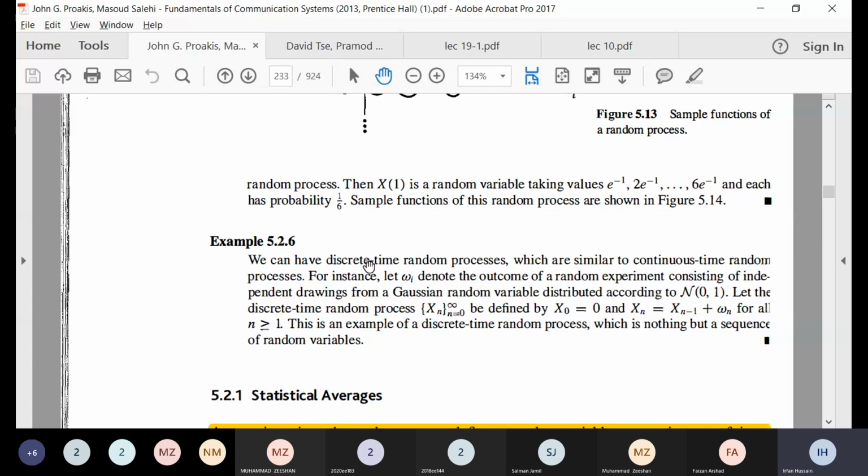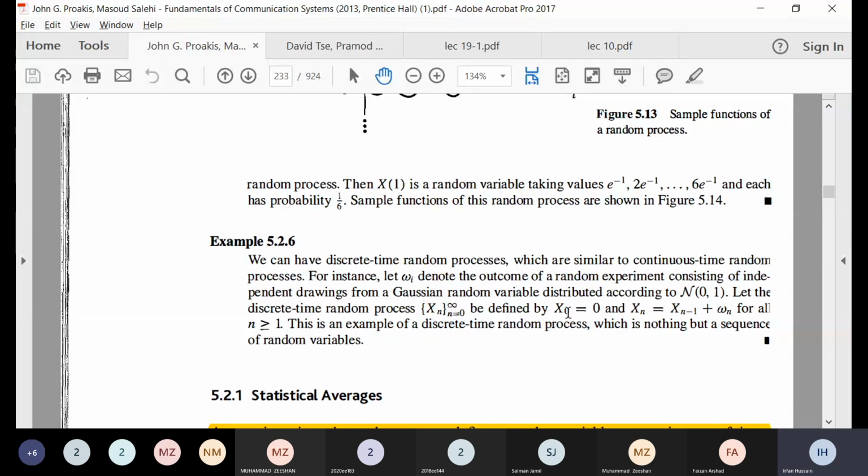Another example, pretty much used in communications, is discrete time random processes, where we have discrete random processes, not continuous random processes as we were discussing before. So one example is that, let us say my outcome of the random experiment, omega I, is a Gaussian random variable with 0 mean and 1 variance.